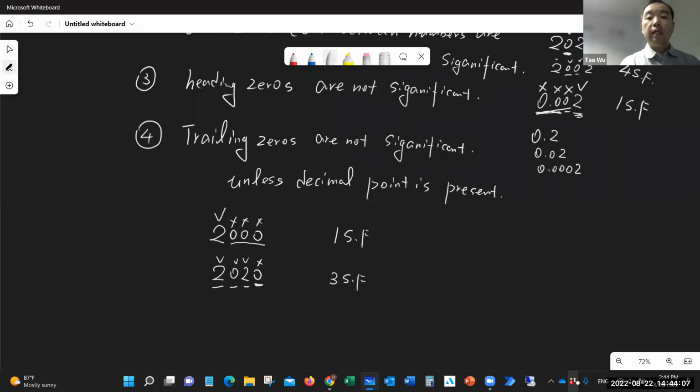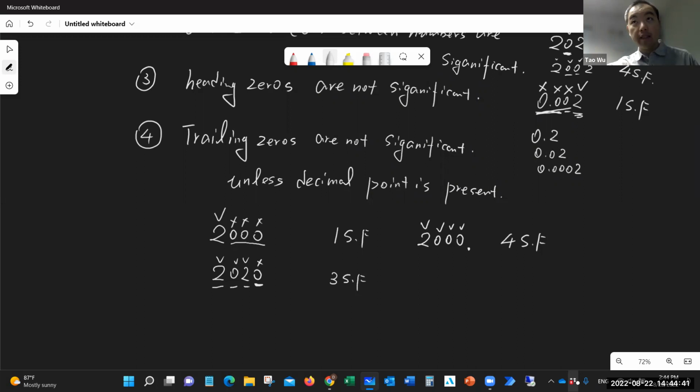All right. So then let's talk about, if we have a decimal present, which means if a decimal shows over here, 2000 dot, then we have a decimal present in this number, which means those zeros will count as significant figures. So 2000 with a dot will have 4 sig figs. Of course, the dot doesn't have to be at the end every time.